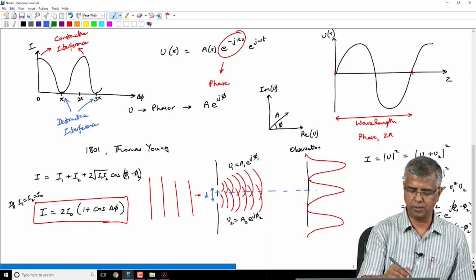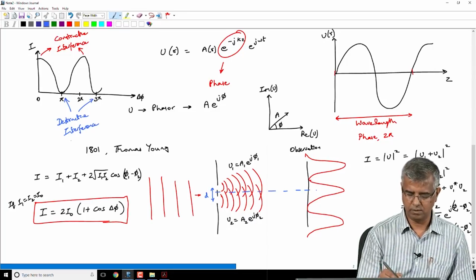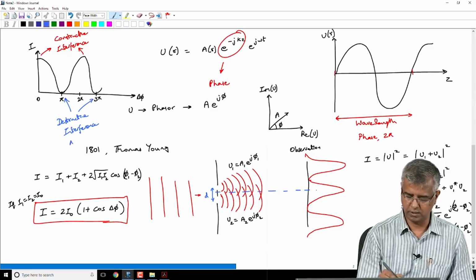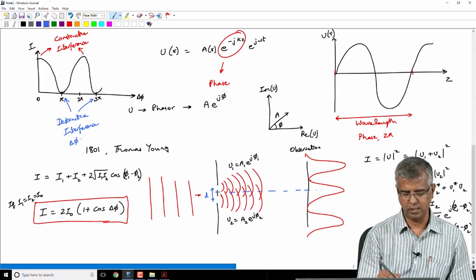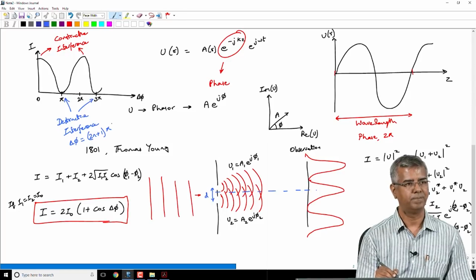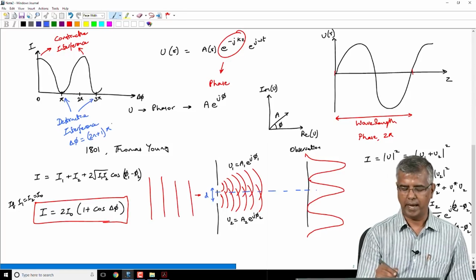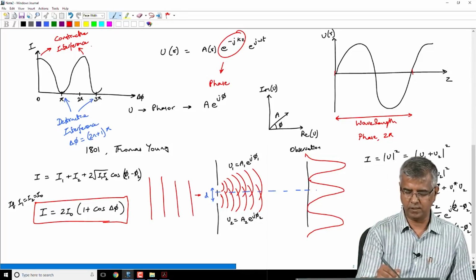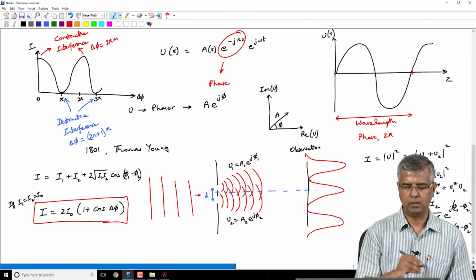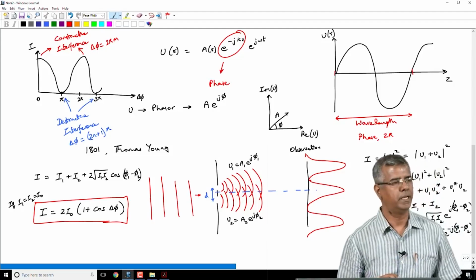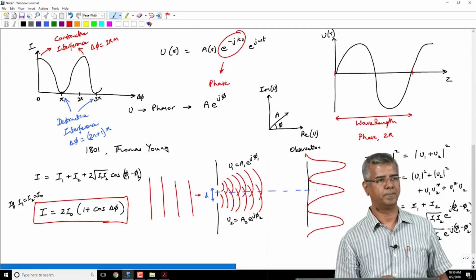So, constructive interference happens, well, let us first finish destructive interference. Destructive interference happens when delta phi equals odd integral multiples of pi, right, and constructive interference happens when delta phi equals even integral multiples of pi.